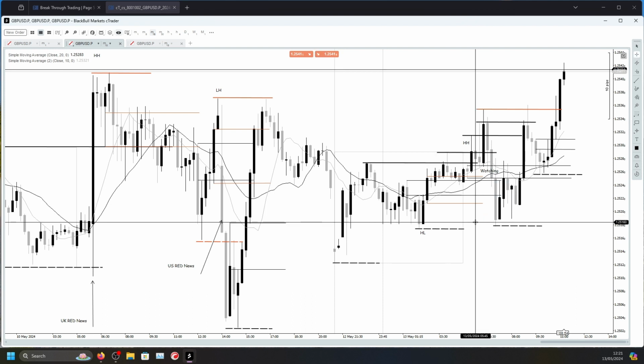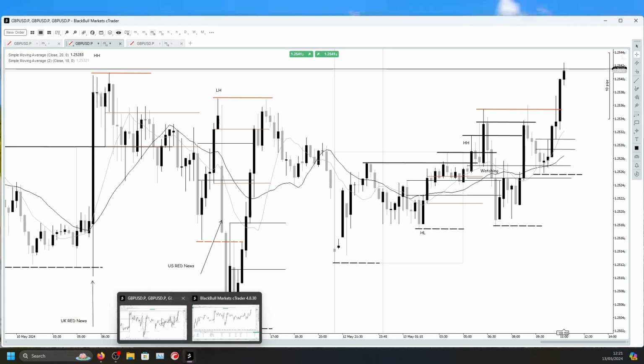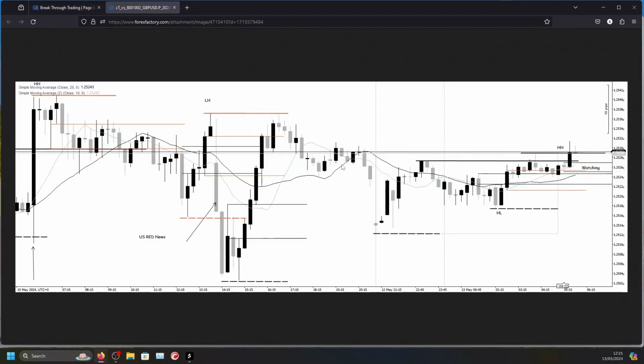I think it was 7:15 UK time. This candle opened at 6:45 a.m. and we can see, price went on, made a high, and I was looking at price coming back within this bullish candle to look for price action to go long.